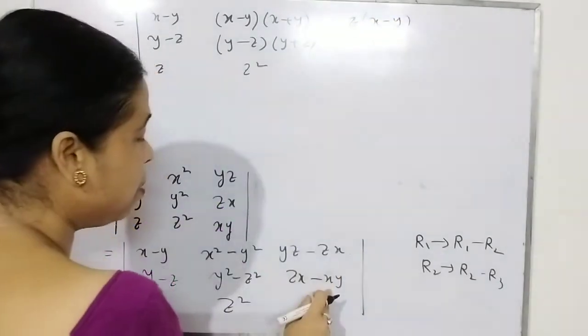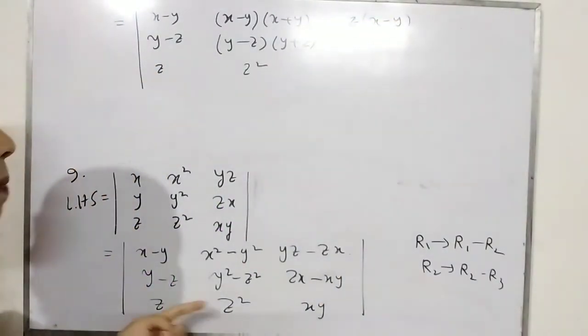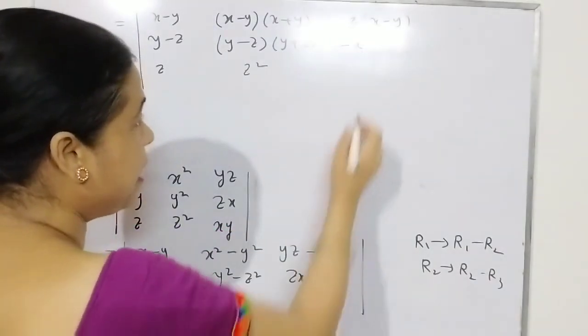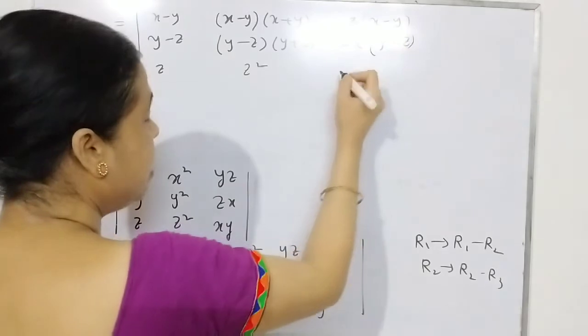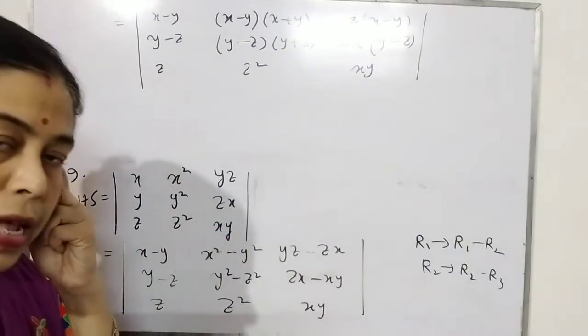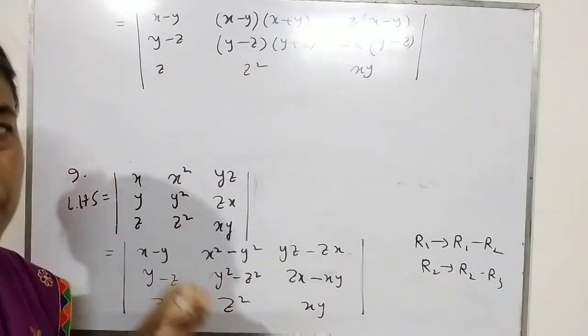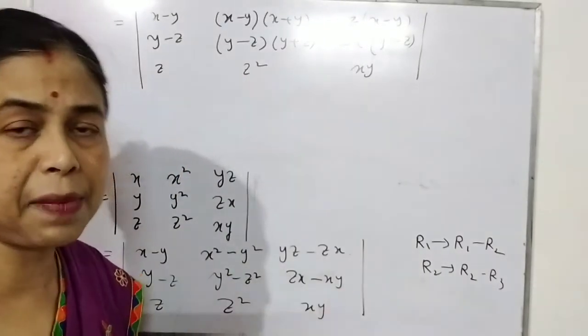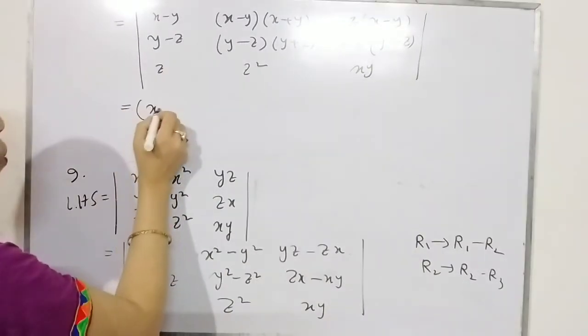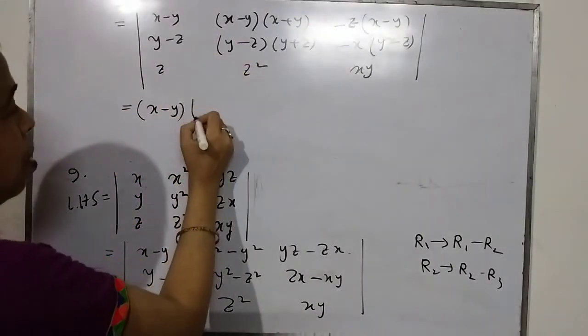X minus y. Here also I need y minus z. So minus x I am taking common. Minus x taking common, we will have what? Y minus z. You decide yourself, because it will help you. Otherwise, without taking minus sign common also, we can write down y minus x. But in the next step, in that case, we will have minus 1. So x minus y is now coming common from the first row.